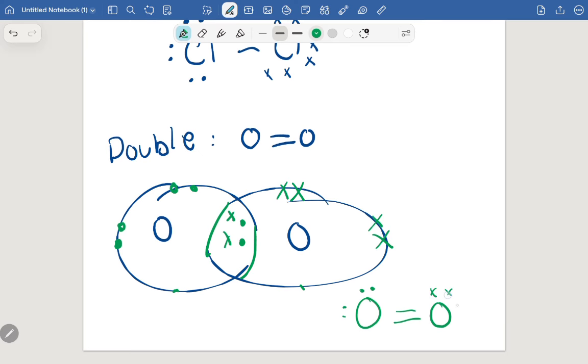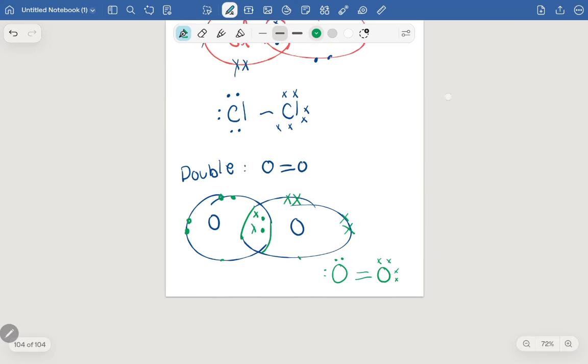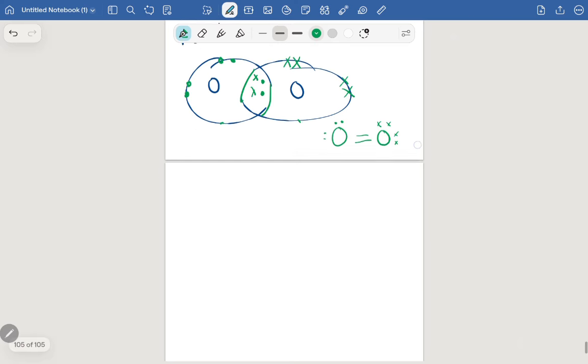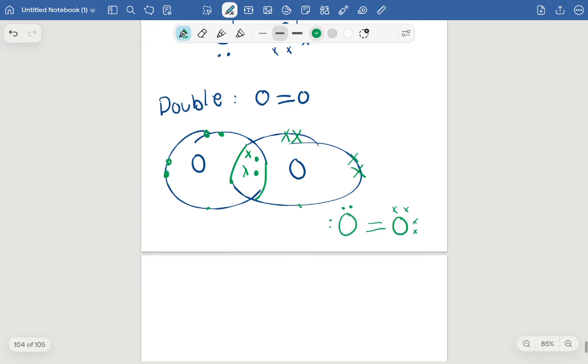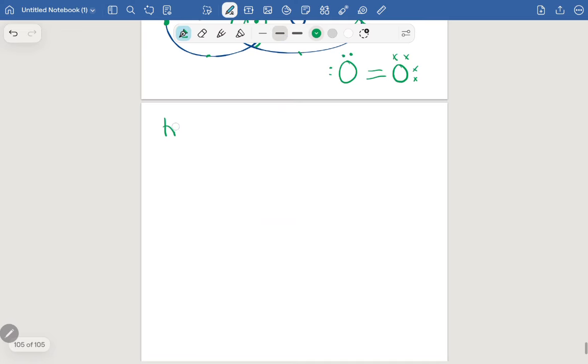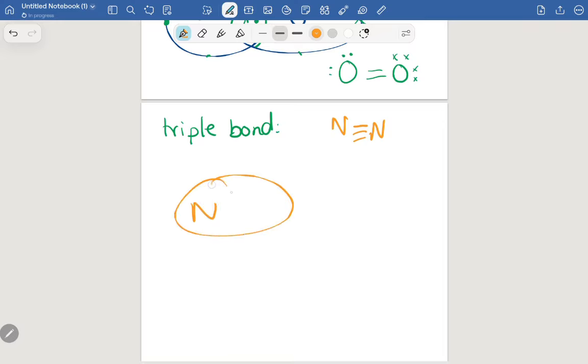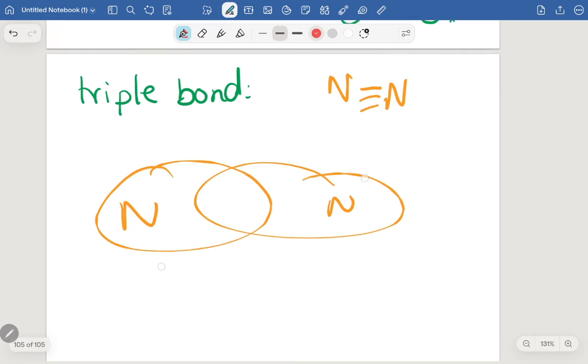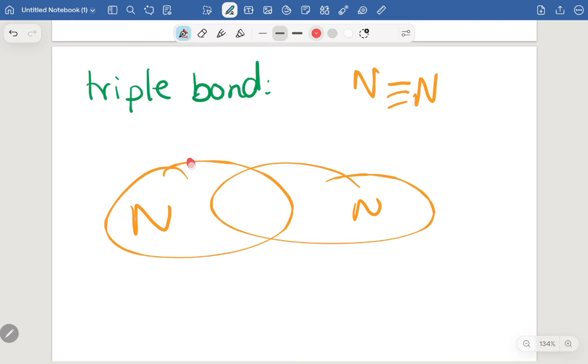And now we move on to the triple bond. So triple bond. How does the triple bond look like? Let's take an example. N triple bonded N. So of course we can draw the intersection. We know that nitrogen has 5 valence electrons. So it will be 1, 2, 3, 4, and 5 here. And then 1, 2, 3, 4, and 5 here.